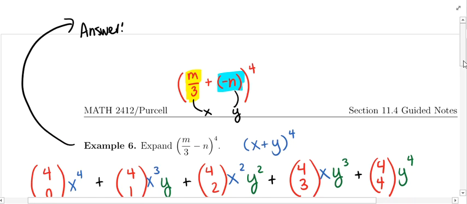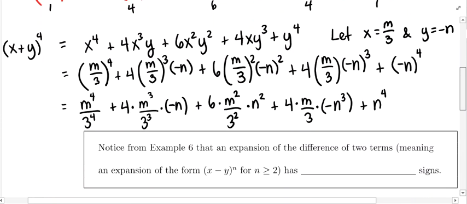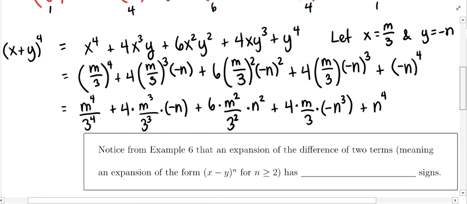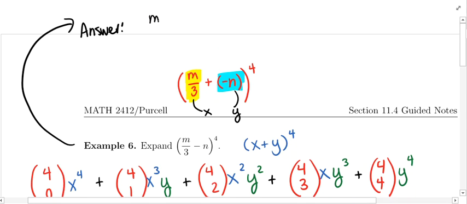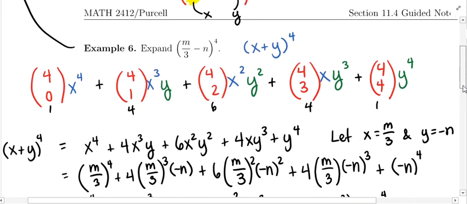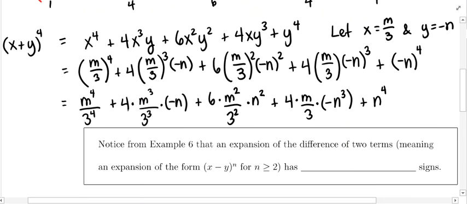Okay, so here we go. Let's just clean everything up. The first term here is going to be m to the fourth divided by 3 to the fourth. So that's going to be m to the fourth over 81, since 3 times 3 is 9 times 3 is 27 times 3 is 81. The next term is going to be negative, because you're doing plus a negative.